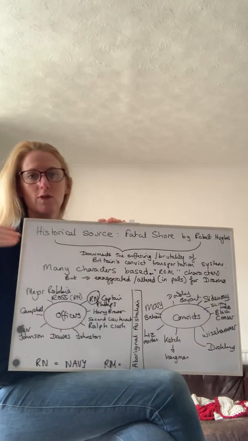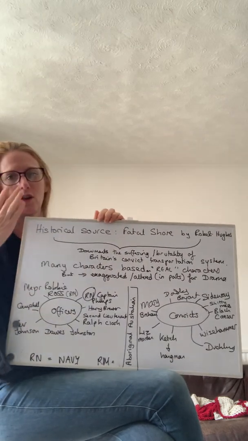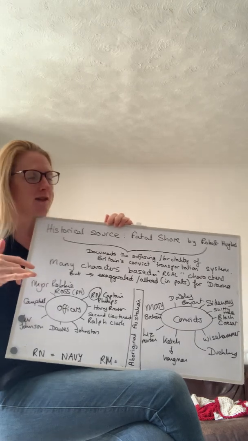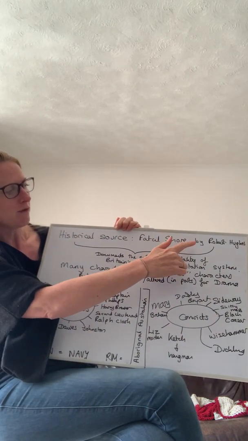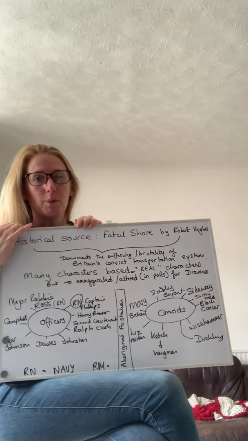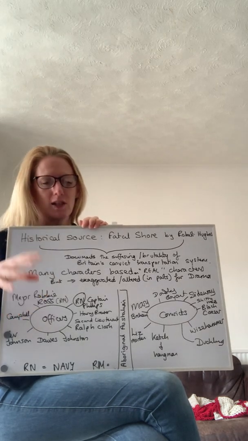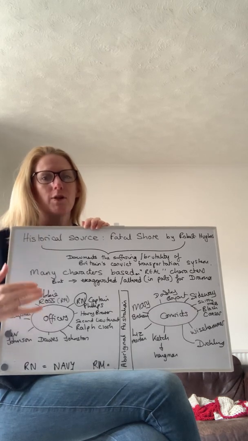So I told you there was also historical sources. The main historical source, for any of you who want to really extend yourself and do further research into the period, is The Fatal Shore by Robert Hughes. He collated all the information and wrote a book using all the original historical sources and documents and diaries and accounts about what happened during that period.